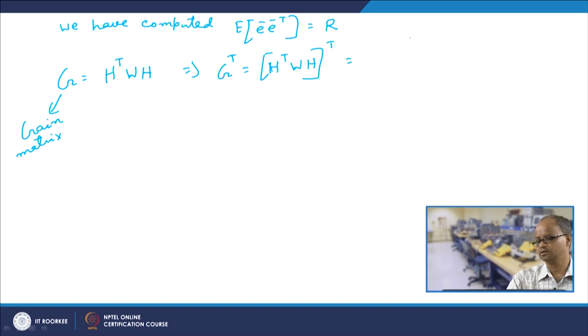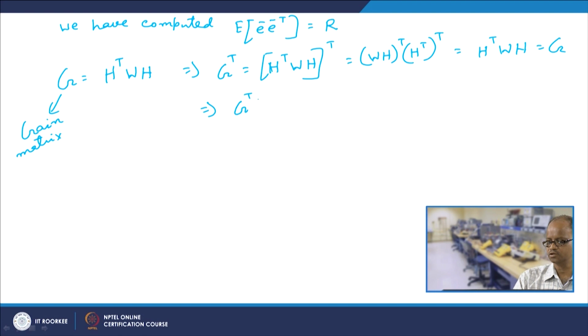So, we get H transpose W transpose into H transpose of transpose. So, therefore, H transpose W H. So, this is G. Therefore, G transpose is equal to G. So, G is a symmetric matrix.